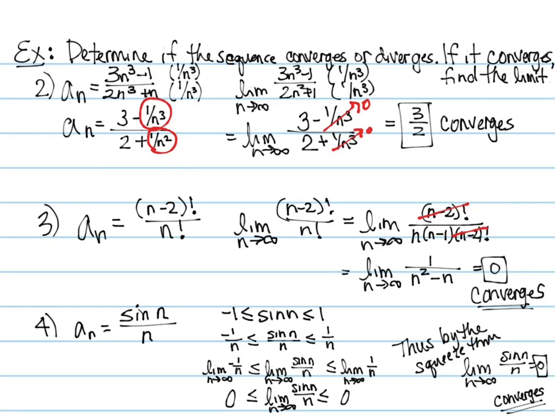So at this point, maybe you're like, they've all converged. What would it look like if they didn't? That's my next example. So let's take a look.